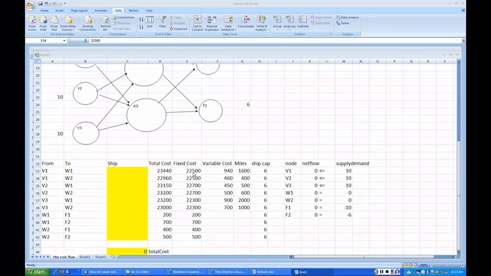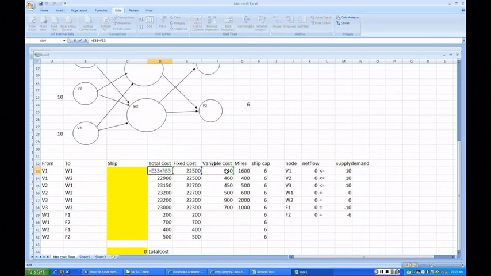Vendor 1 for 1 unit, or 10,000 boom boxes, is 22,500. That's what we have here. The total cost then is the sum of the cost of procurement and the cost of transportation. Actually, this should be the transportation cost, and this should be the procurement cost. So let me go and change this to the transportation cost.